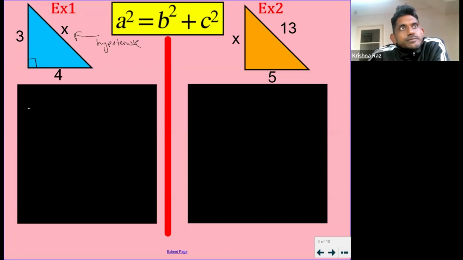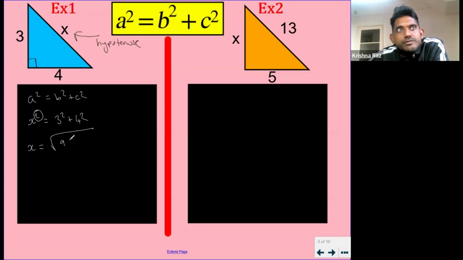So let's do it. So we know A squared equals B squared plus C squared. So our diagonal is x squared, and that must be equal to 3 squared plus 4 squared. Now, here's the genius part of it. We need to square root that.